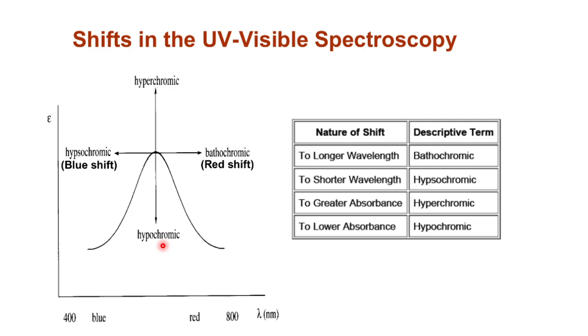If you modify your sample and the peak position changes, the shift is called bathochromic or hypsochromic, and if the intensity changes, it is called hyperchromic or hypochromic.